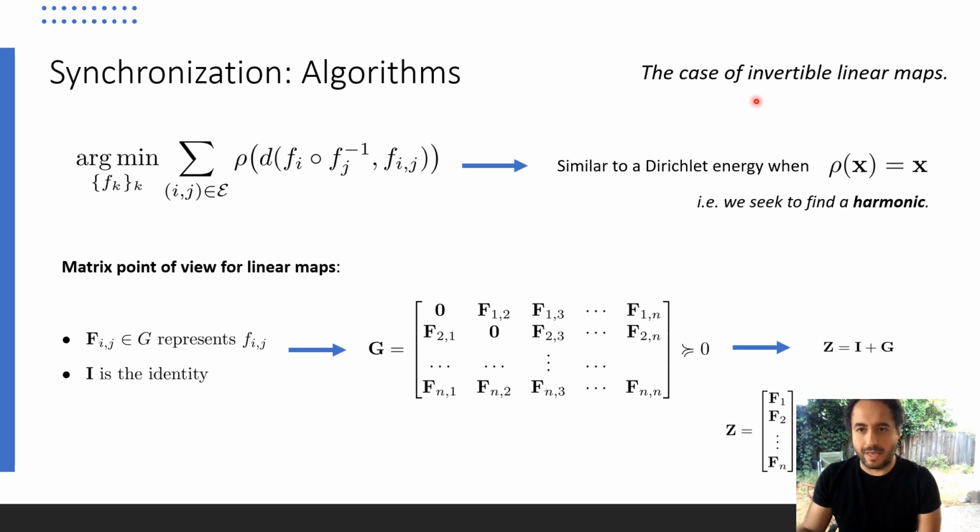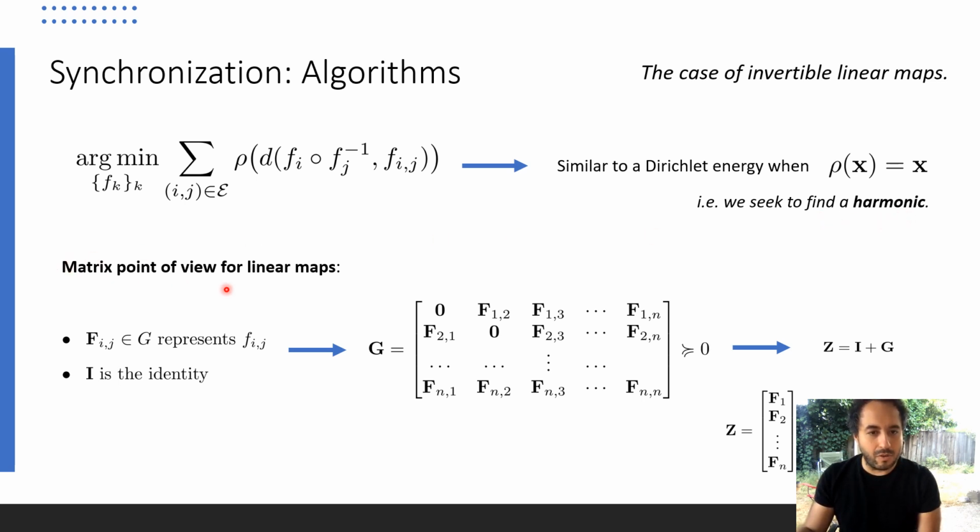So let's take the basic case of invertible linear maps. Well, just consider the energy that we have defined before, and just consider the case where ρ is an identity map. Well, in that case, this energy looks like a Dirichlet energy, and we seek to find a harmonic.